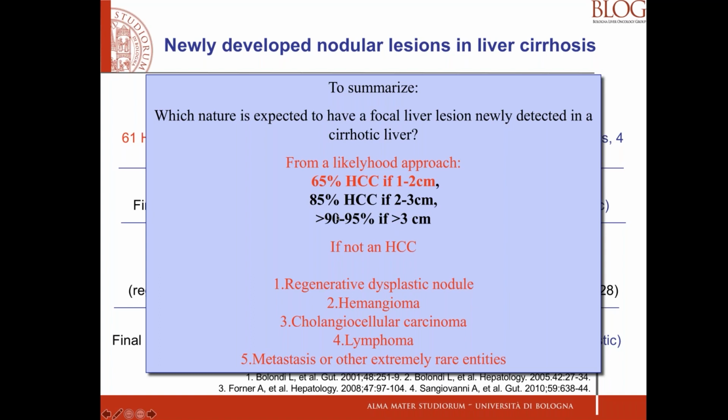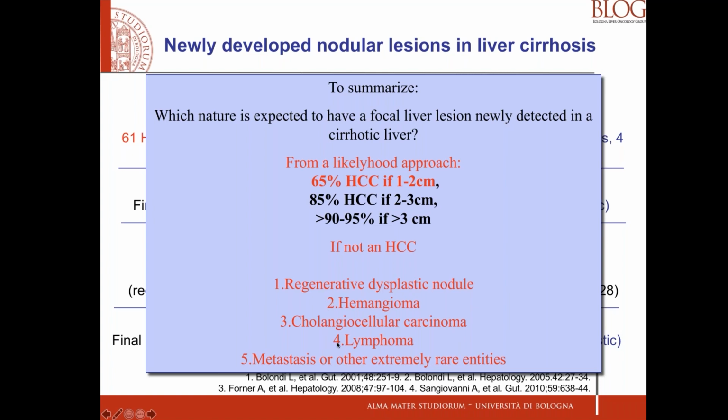So when we see a lesion, we should start immediately to think that this is a hepatocellular carcinoma until differently demonstrated. And if finally it is not a hepatocellular carcinoma, we know that the vast majority are regenerative nodules with or without dysplasia, and the minority, altogether about 3 to 4%, might be hemangioma, cholangiocellular carcinoma, primary lymphoma, or metastases from other organs or other extremely rare entities.